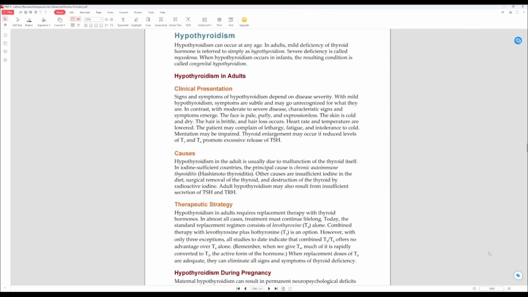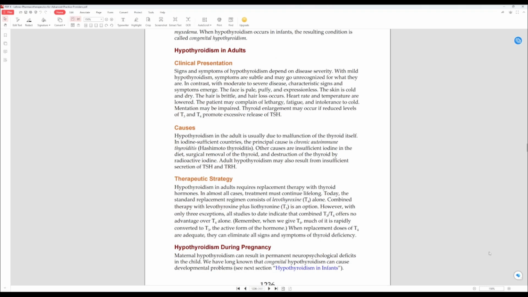The clinical presentation. Your signs and symptoms of hypothyroidism depend on the disease severity. With mild hypothyroidism, symptoms could be subtle and may go unrecognized for what they are. In contrast, with moderate to severe disease, characteristic signs and symptoms emerge. The face is pale, puffy, and expressionless. The skin is cold and dry.